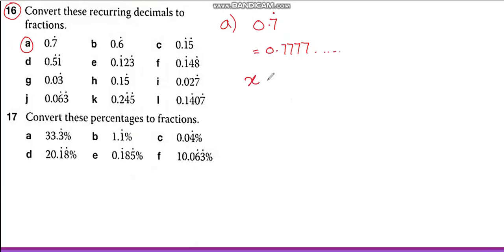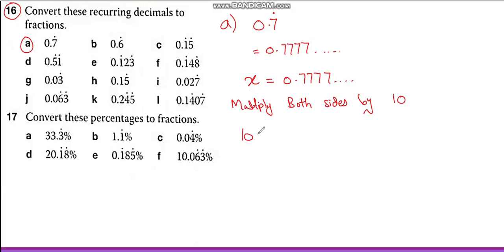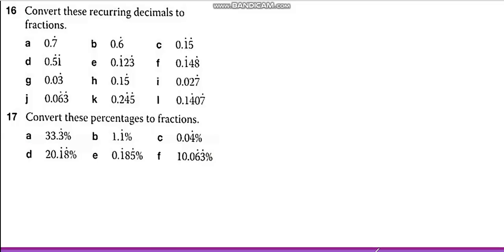So x equals 0.7777 and so on, and if I multiply both sides by 10, I get 10x equals 0.777 and so on times 10, which means 10x equals 7.7 and so on.